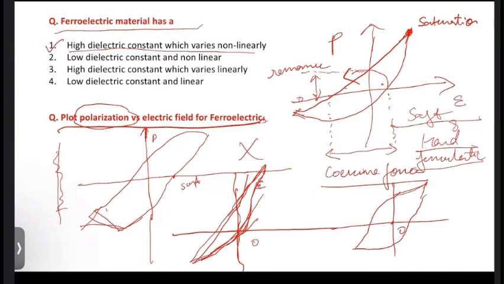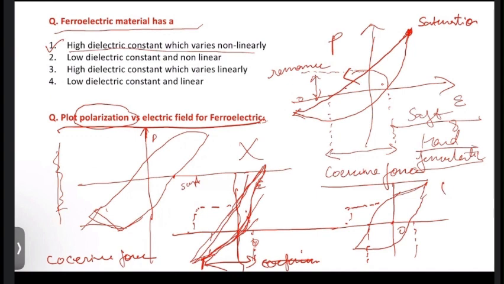The remnant polarization may be the same, but the coercive force is high. This is hard, this is soft. It is very large in the case of hard ferroelectric.